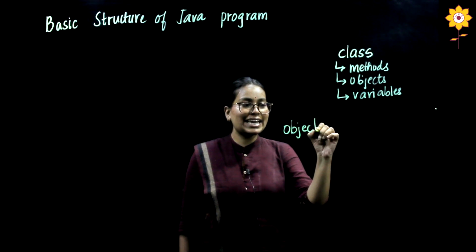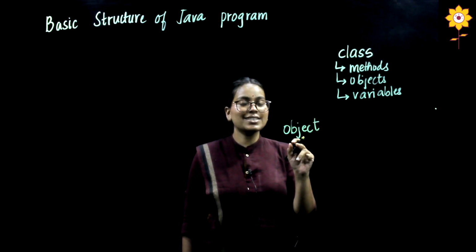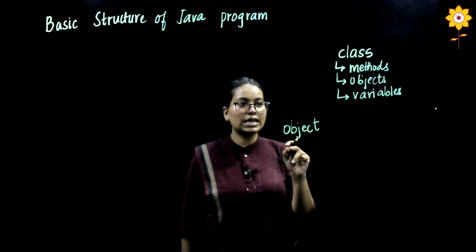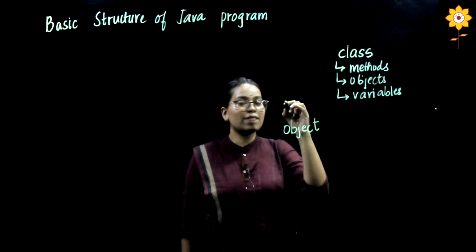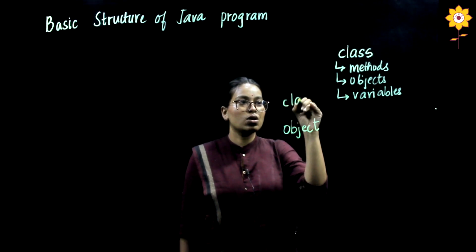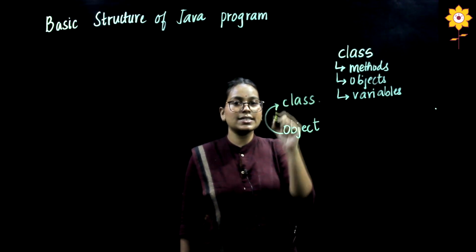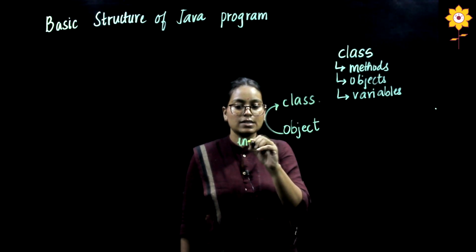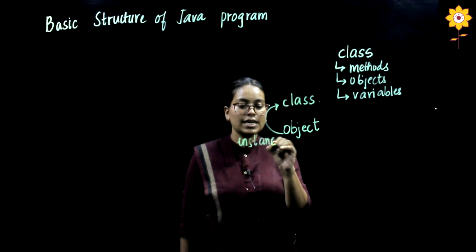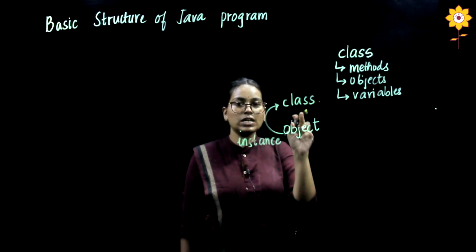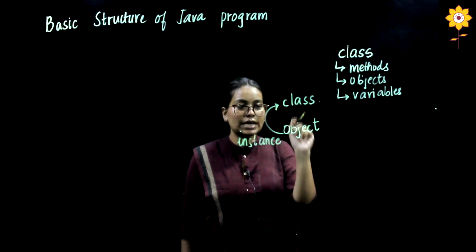So when we create an object, object is called as instance of the class. So as I told you, object comes under the class. So what is an object? Object is an instance of the class. Okay, object is the instance of the class, it belongs to the class.